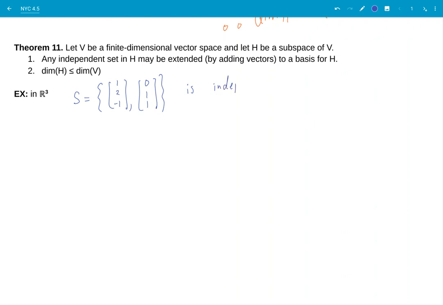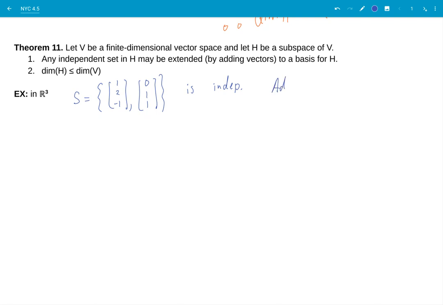I can see that because I have two non-zero vectors, and neither one is a multiple of the other. So how can I add a vector to make this a basis for R3? Okay, it's independent, but it doesn't span R3, right? So not quite a basis.